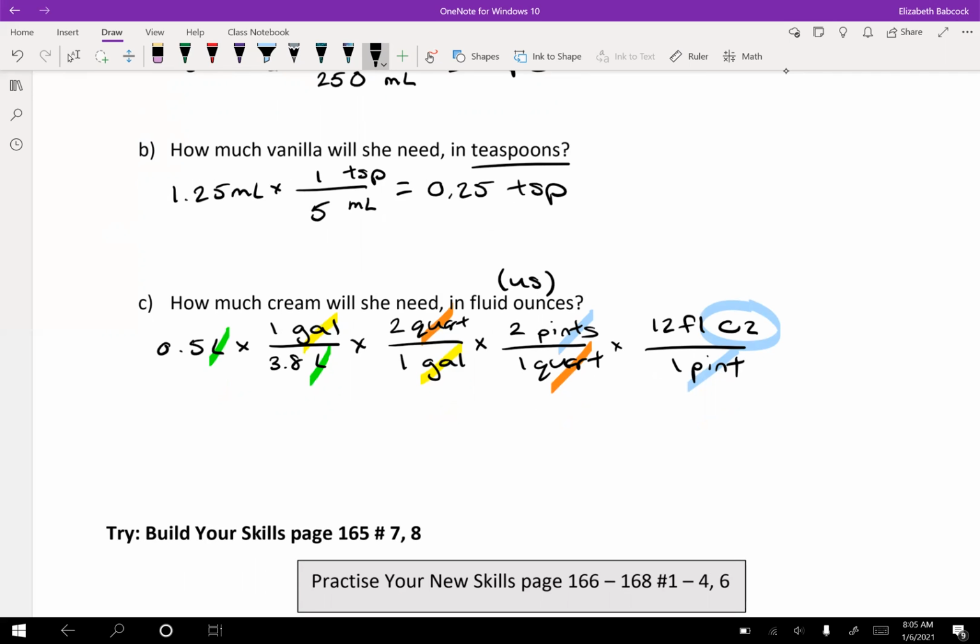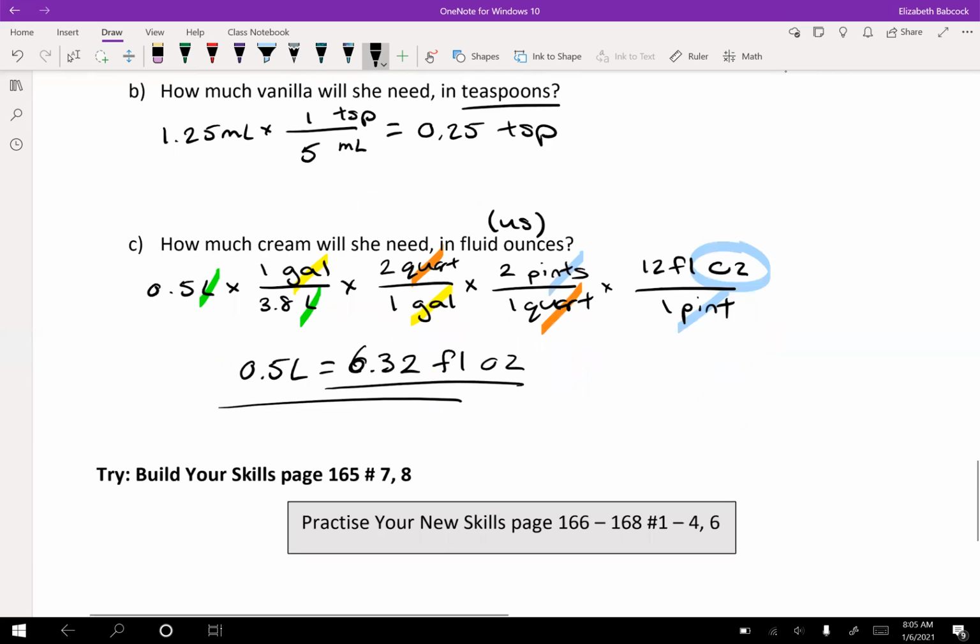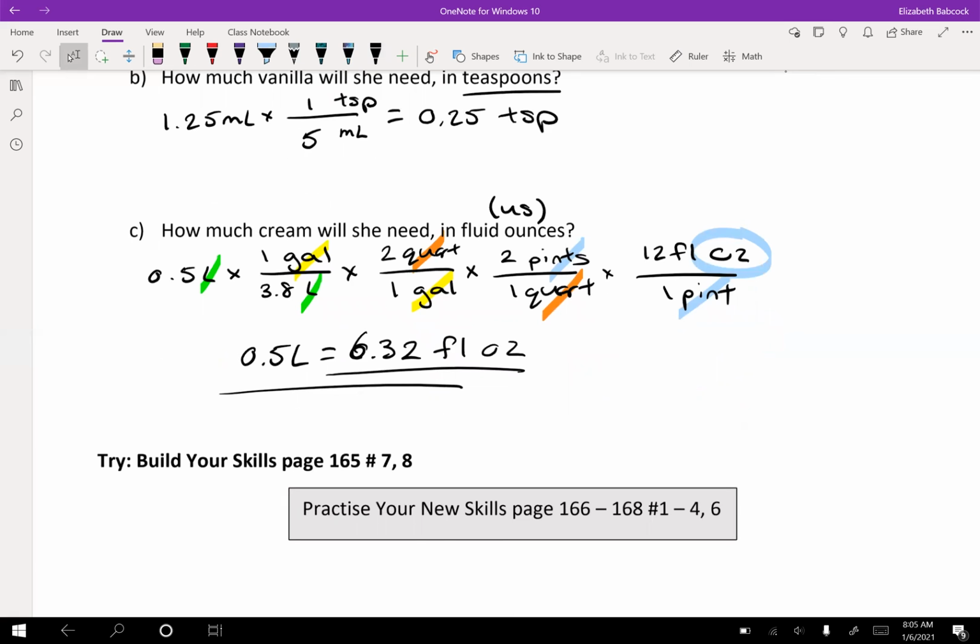Anytime there's 1 on the bottom, you are multiplying by your top number. So 0.5 divided by 3.8 times 2 times 2 times 12. So you get 0.5 liters is equal to 6.32 fluid ounces.